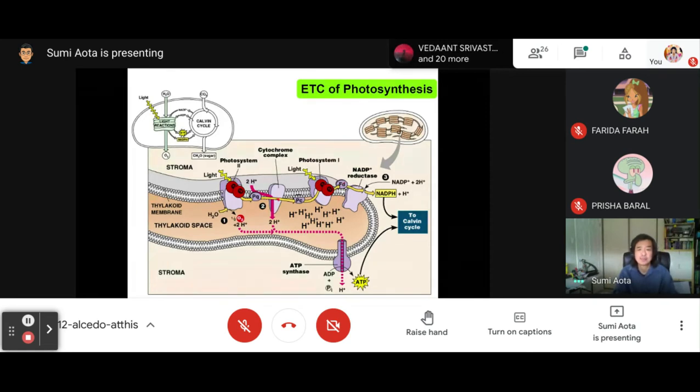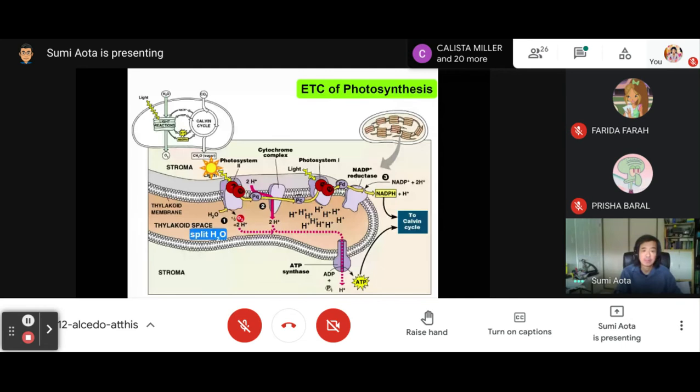We've got this complex, which is photosystem 2. Sunlight is going to come and hit a foot of the chlorophyll molecule, and the electrons are going to start going down this electron transport chain.